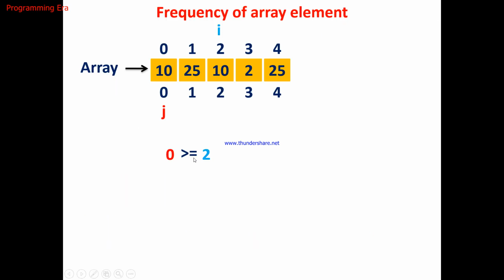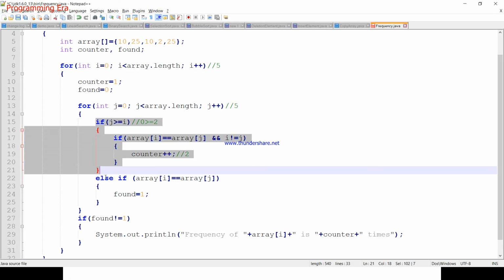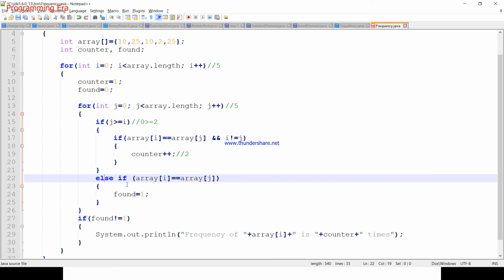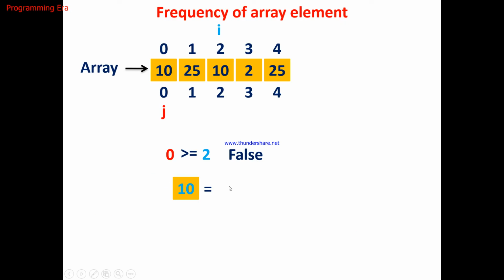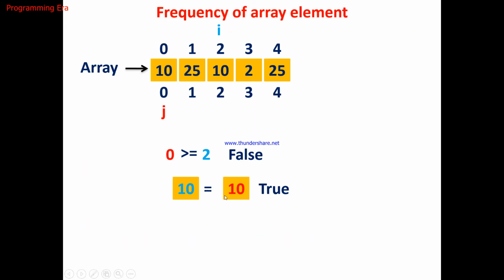0 is greater than 2. This condition is false. As soon as this condition becomes false, we will skip this part and we'll go to the else if part. The else if part will compare the ith position element, which is 10, and the jth position element, which is 10. Both are equal. This condition is true. As soon as this condition becomes true, found will become 1.